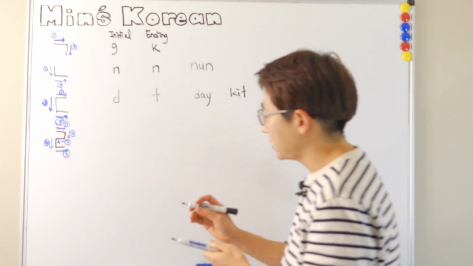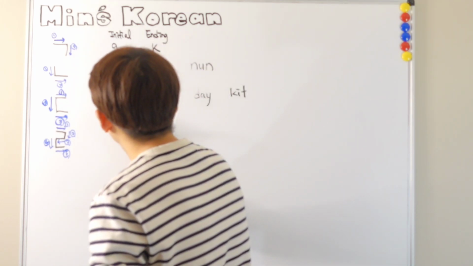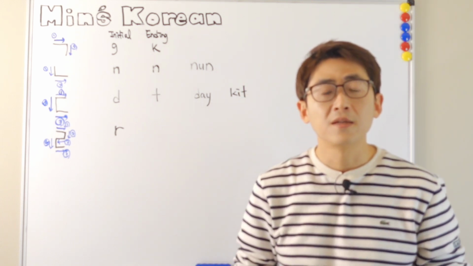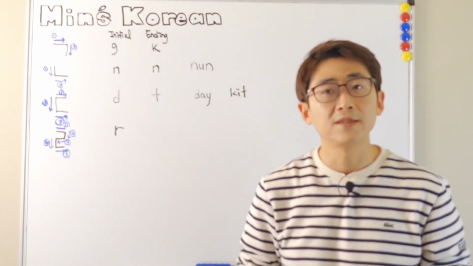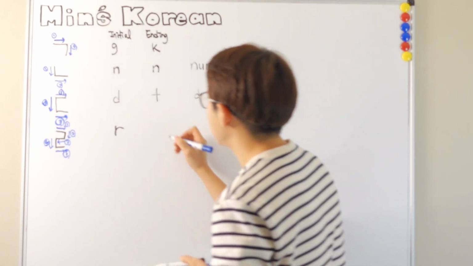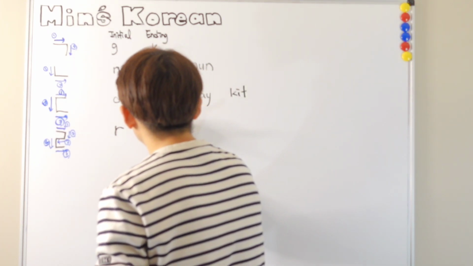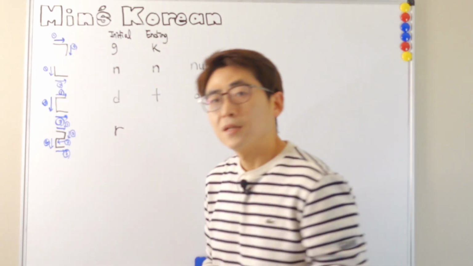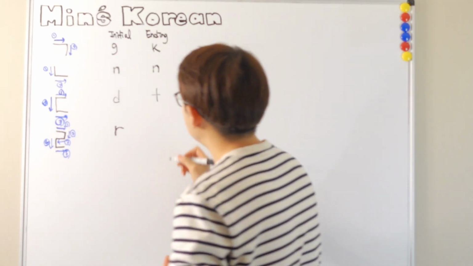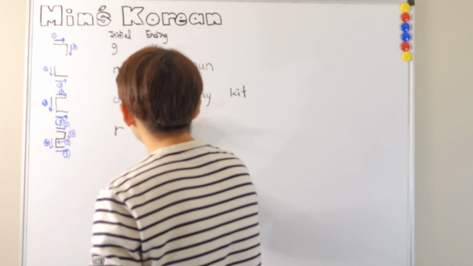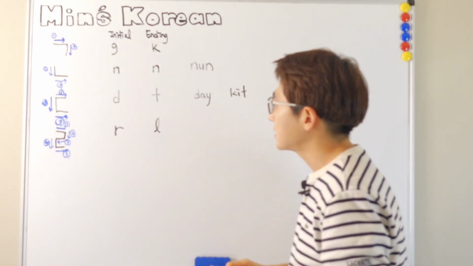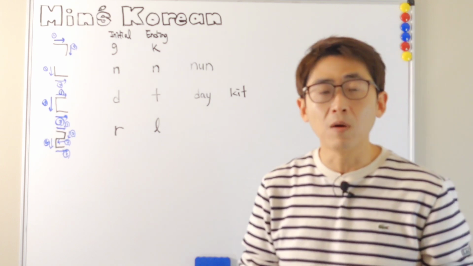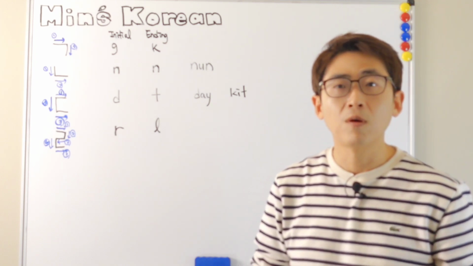The initial sound is r, as in ray, as in robot. However, when it's used as an ending consonant, it's pronounced as l, as in bowl, roll.